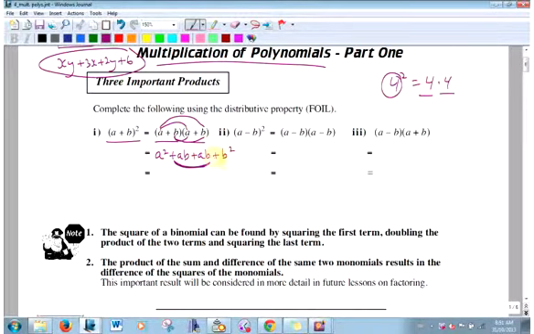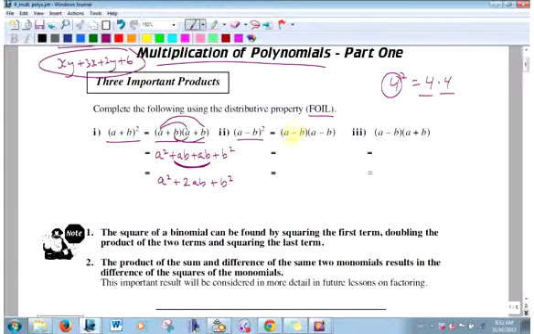Yeah. Do I have 4 terms here? Yes. But now I'm going to have 3. I have 1 ab. I have another ab. That's 2ab. These are like terms, right? Plus b squared. Okay? This is not exactly the same, but it's awfully similar. Okay?